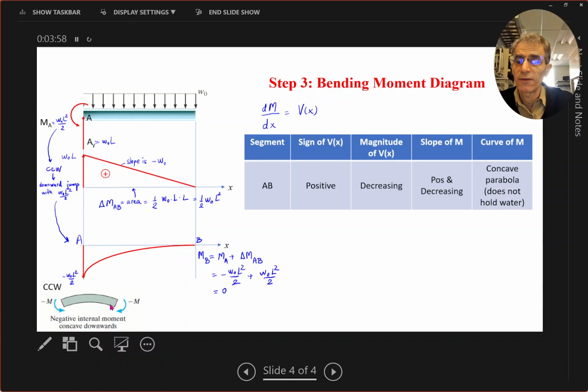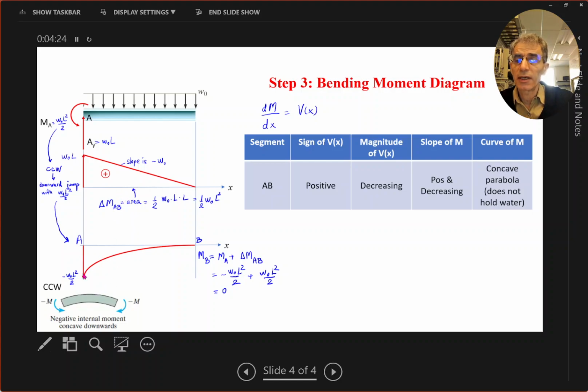Or, as we mentioned very early in the notes, if the beam is bent by the moment in such a way that the top fibers are in tension and the bottom fibers are in compression, that means the moment is negative. Either of the two will work.